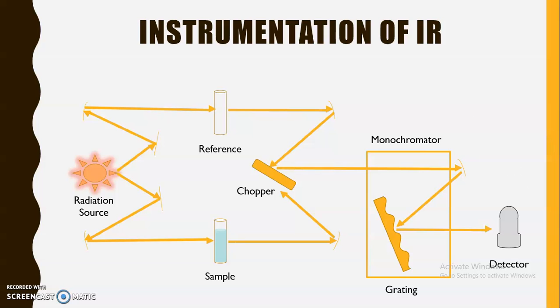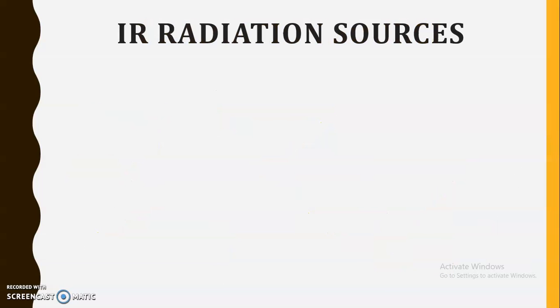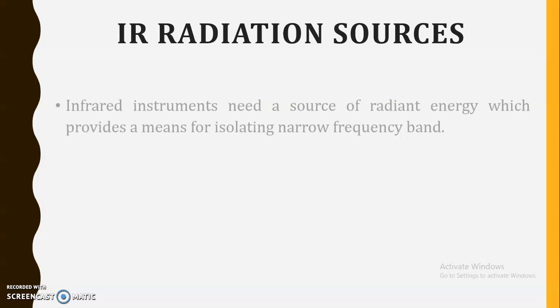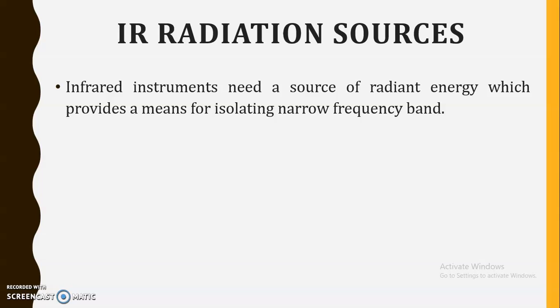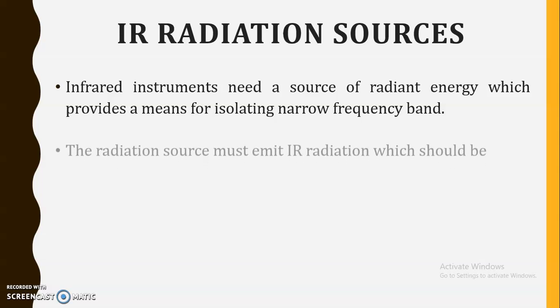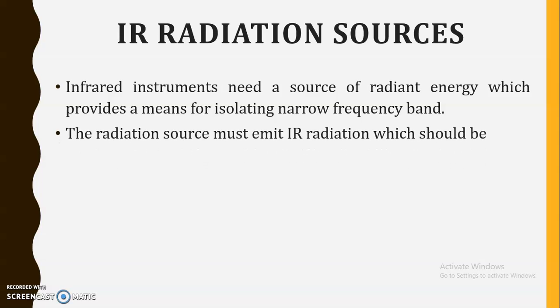Now first we will discuss the first component of this IR spectrophotometer, that is the IR radiation source. Infrared instruments need a source of radiant energy which provides a narrow frequency band. The radiation source must emit only IR radiation, which should be intense enough for detection.